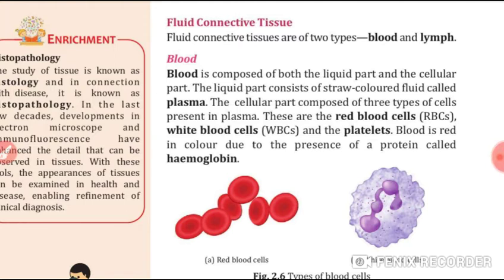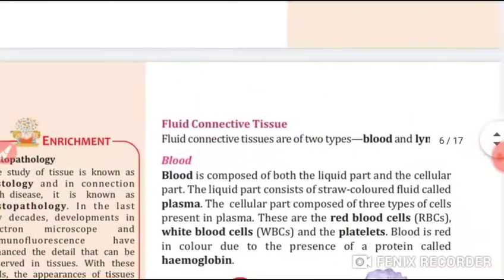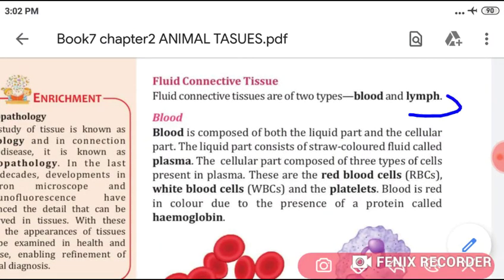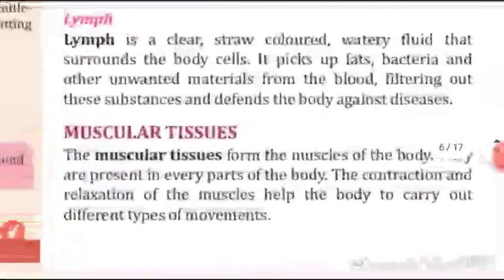Okay, with the topic fluid connective tissue. In this, I have told you about the blood, and now we are on which topic? Lymph. Okay, so let's come to our topic lymph.